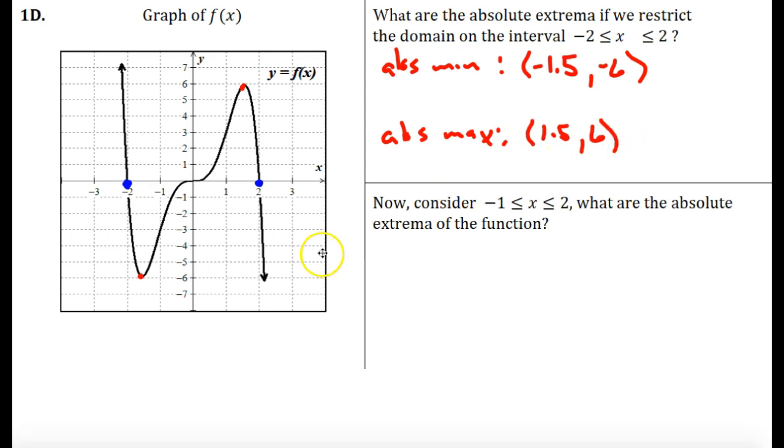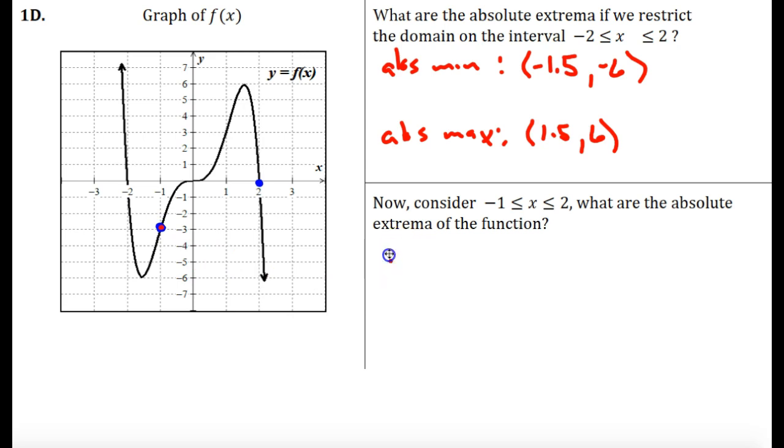1.56. All right, so now it says, well, what if we just look at this function from -1 to 2? So let's put those points in. So now I'm just looking from here to here. Okay, so I'm just looking at this piece of the graph now. Okay, well, my absolute minimum value, the smallest y value that I reach on that piece of the graph, actually occurs here at that endpoint.